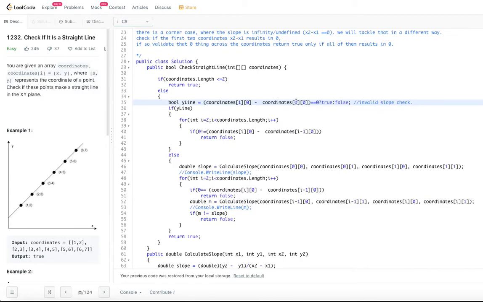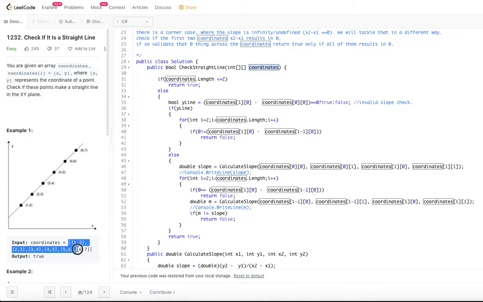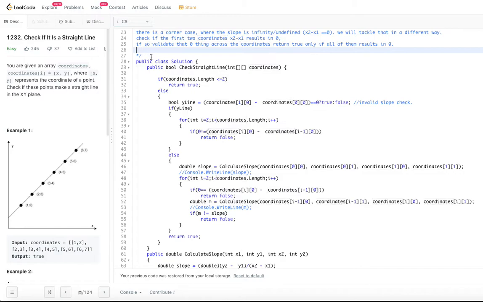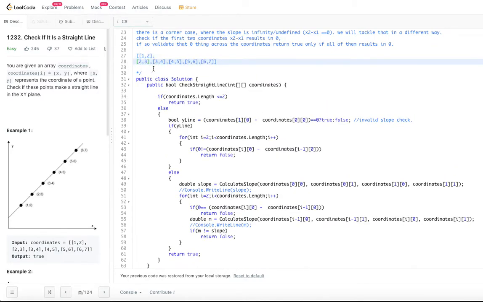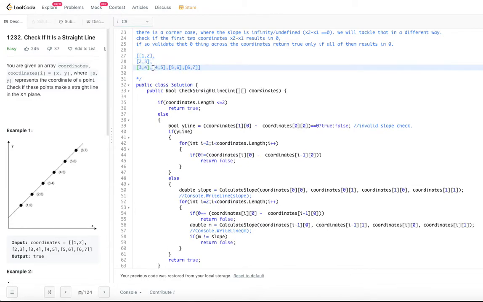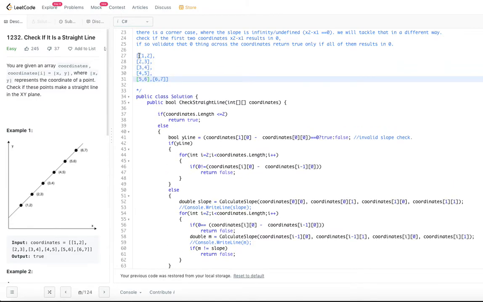So the coordinates are given as a 2-dimensional array. Let me copy this and paste it into our work area. It's a 2-dimensional array where each row has 2 columns.